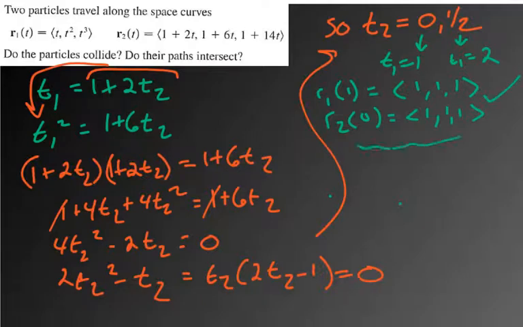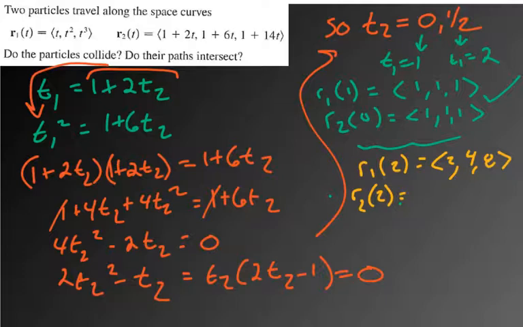And then if you do r1 of 2, you would get 2, 4, 8. And then if you do r2 of, that sounded wrong when I said it. This should be 1 half.